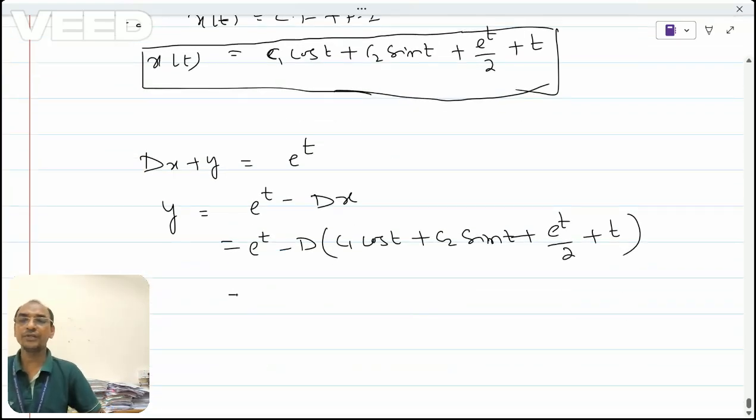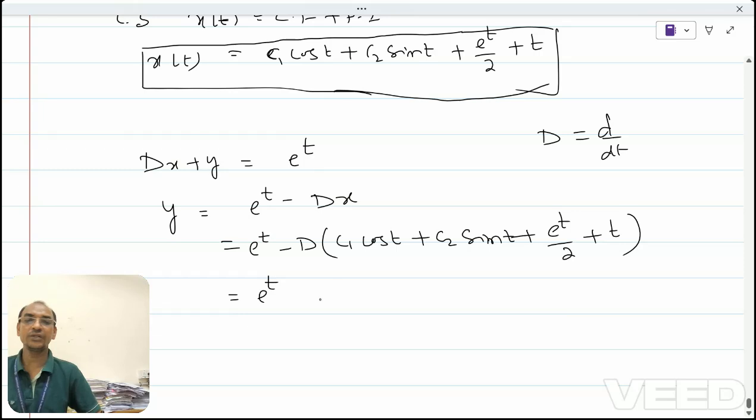And if we differentiate it, D means derivative, D means here d by dt. So if you differentiate it with respect to t: derivative of cos is minus sin, so minus minus will be plus C1 sin t. Derivative of sin will be cos, minus is there, minus C2 cos t. Derivative of e to the power t is e to the power t, plus e to the power t by 2.